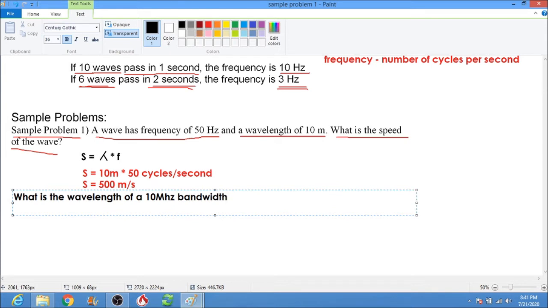We're going to solve for the wavelength. It's our second question. Let's define first what is bandwidth.